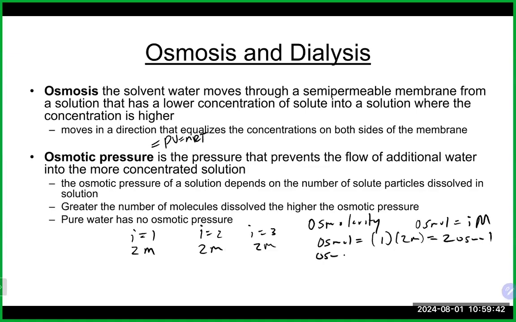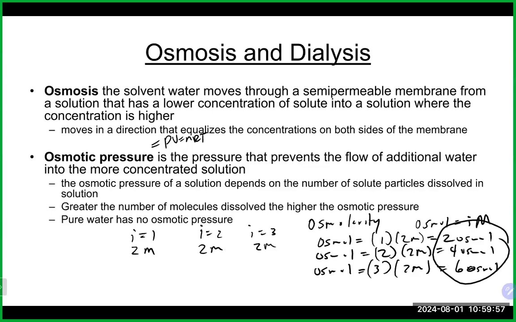The next one would be 2 times 2 molar, which would be 4 osmolarity. And lastly, 3 times the 2 molar gives us 6 osmolarity.